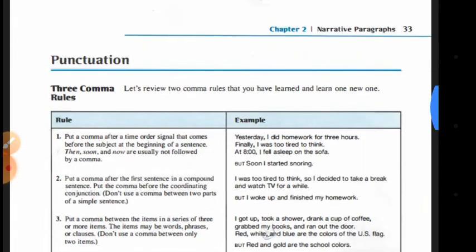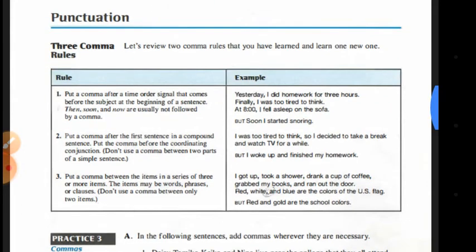We come to punctuation. There are 3 rules here for the comma. Rule number 1: put a comma after a time order signal like yesterday or finally when it comes at the beginning of a sentence.